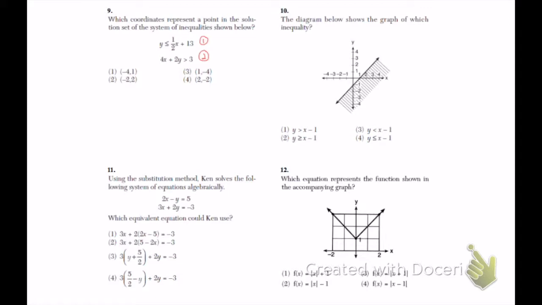So if we make a little chart, we have 1/2 x plus 13, and that's greater than or equal to y. And then over here, we'll draw a line, we have 4x plus 2y is greater than 3.